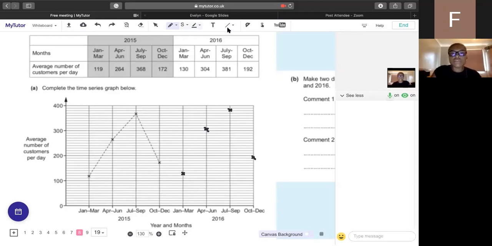To finish off this part of the question, all we now need to do is join all of your points with a straight line. And then once you've done that, you would get 4 marks for this question.